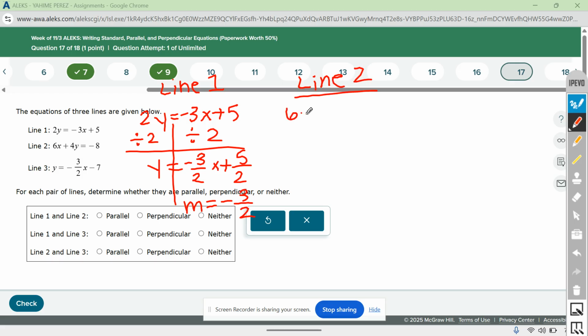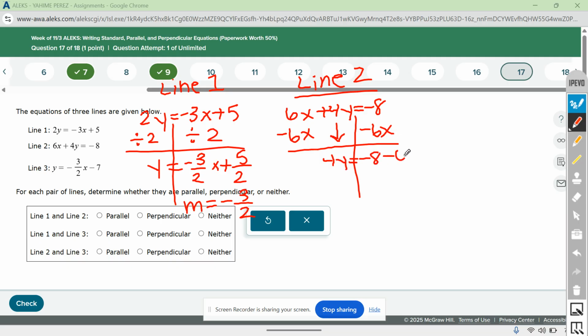Okay, this one is standard form, so we have 2 steps. We're going to move the x, and do the great divide. So divide everything by 4. So negative 8 divided by 4 is negative 2.